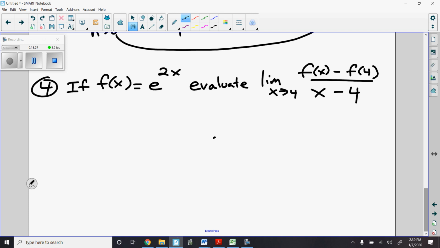Again, here's my problem. If f of x is e to the 2x, evaluate the limit as x goes to 4 of f of x minus f of 4 over x minus 4. Okay, well, the first thing I want to do is sub in for f of x. Since I know f of x is e to the 2x, right, that was given.